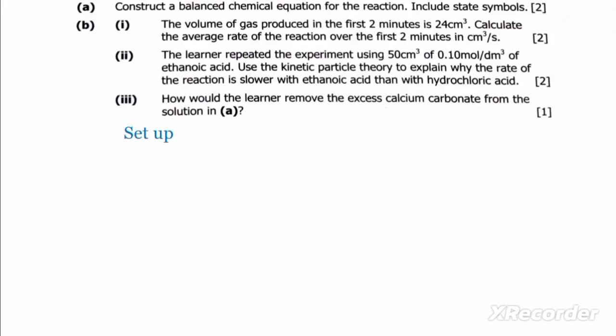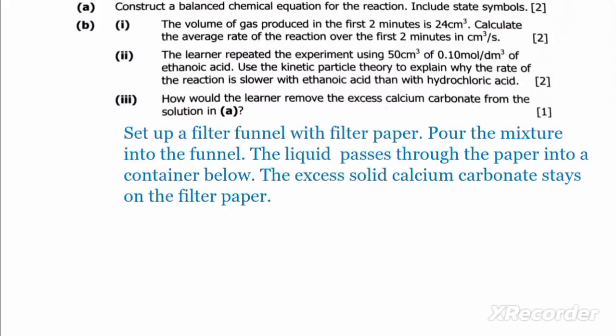Okay, so therefore we are going to say set up a funnel with filter paper, pour the mixture into the funnel, the liquid passes through the paper into a container below, the excess solid calcium carbonate stays on the filter paper.